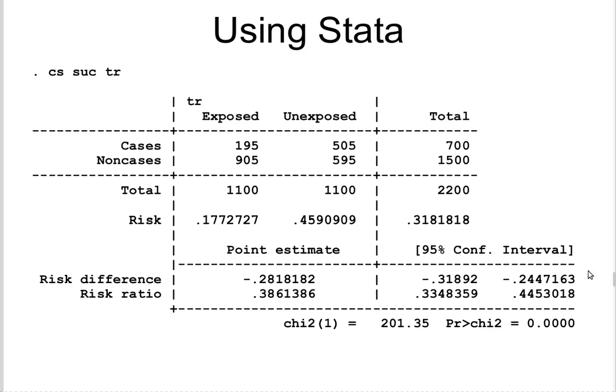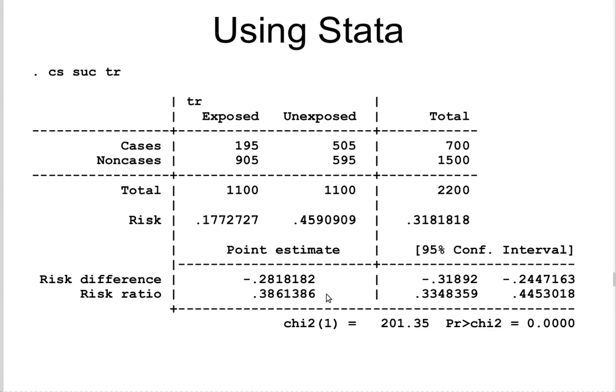We also get confidence limits for the risk difference and the risk ratio. Just to keep in mind, this number, minus 0.28, is the estimate of the risk difference, and these are confidence limits for the actual risk difference in the probability domain, in the population domain.